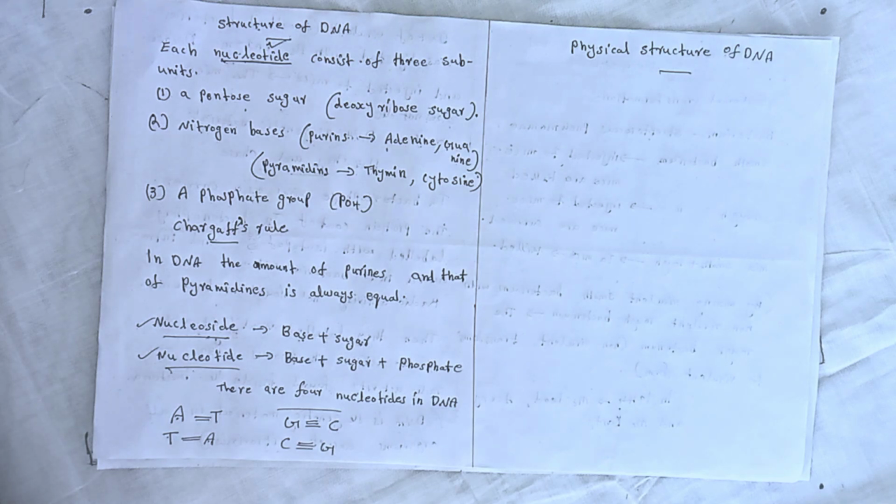Here, scientists Franklin and Wilkins first showed through X-ray diffraction studies of DNA that it is a double helix.